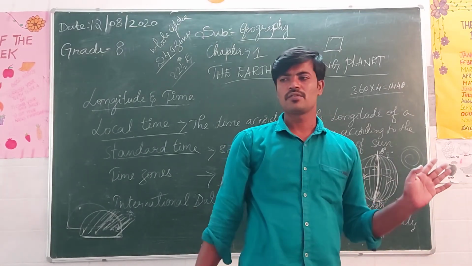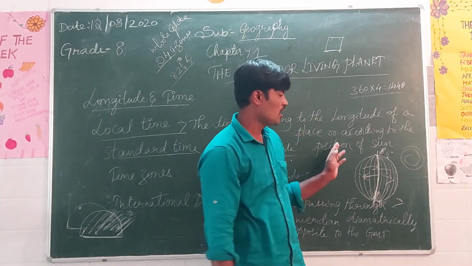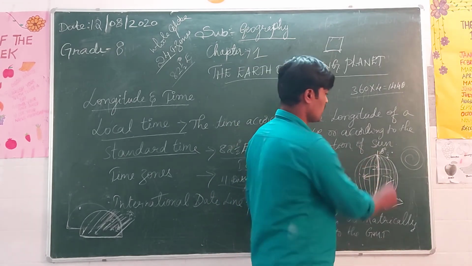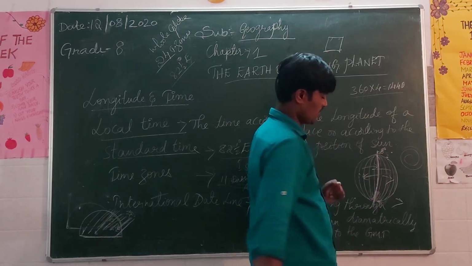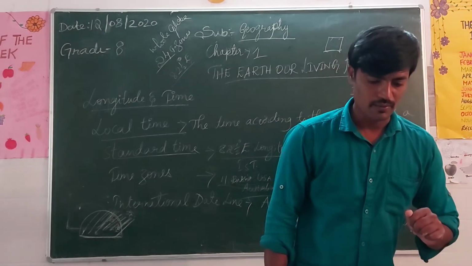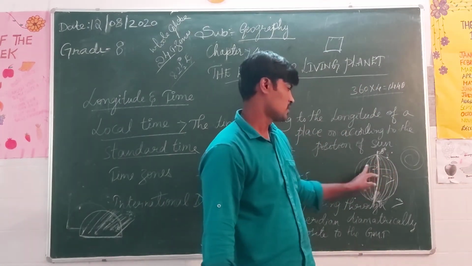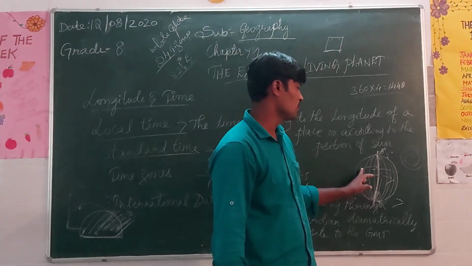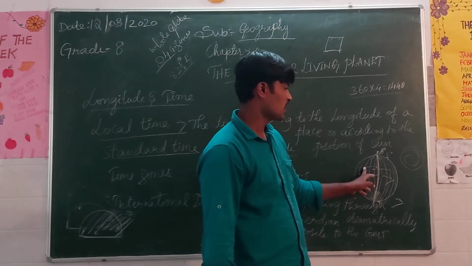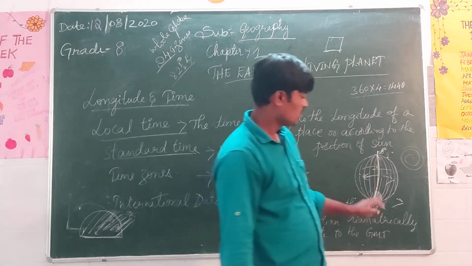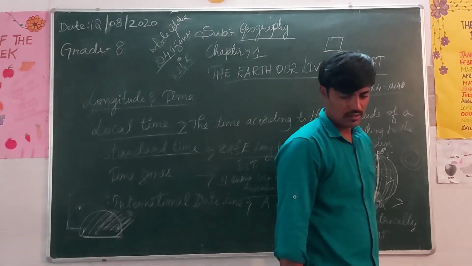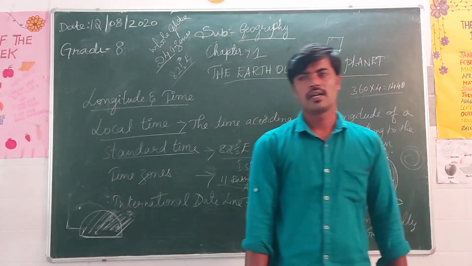So in order to avoid this confusion, they have fixed the date line based on the 180 degree standard meridian. Once they cross, the same date will be fixed for both of them, only the timings change, and based on that they fix the date line. That is known as the international date line. Thank you.